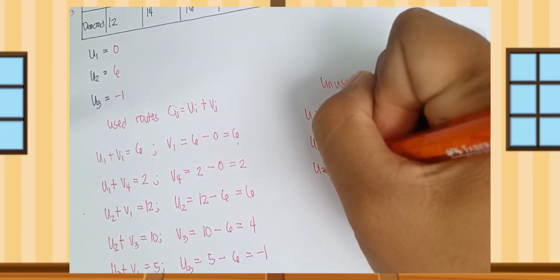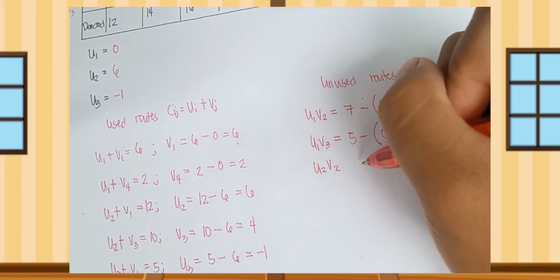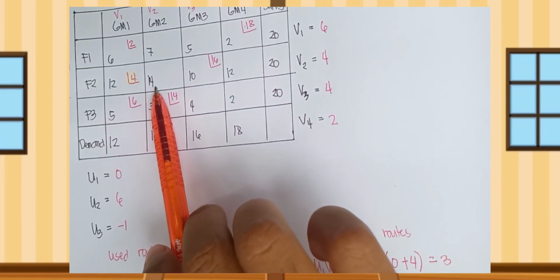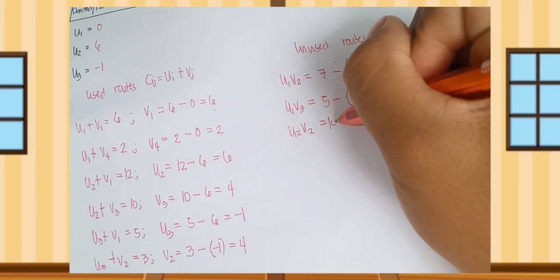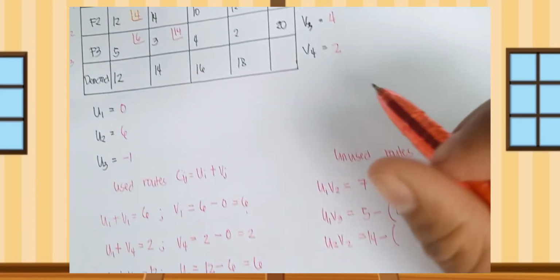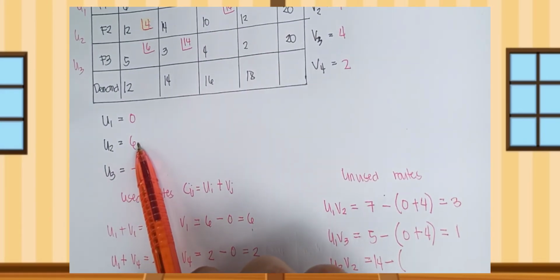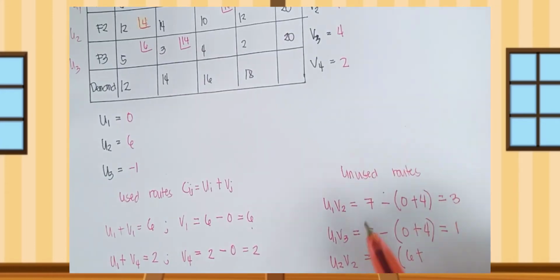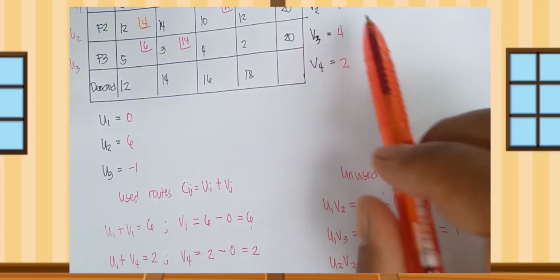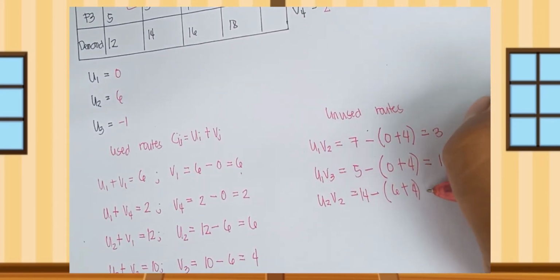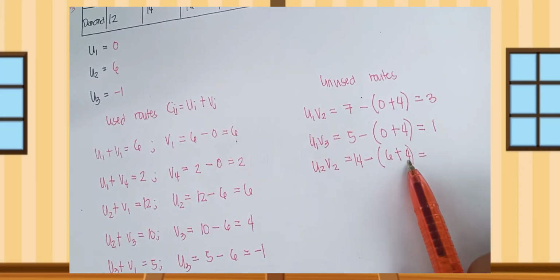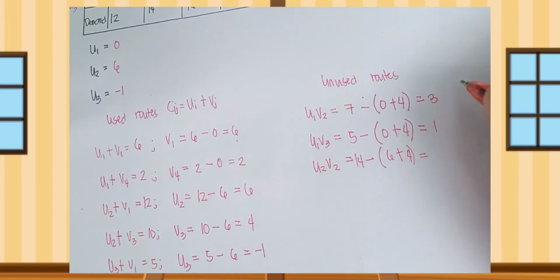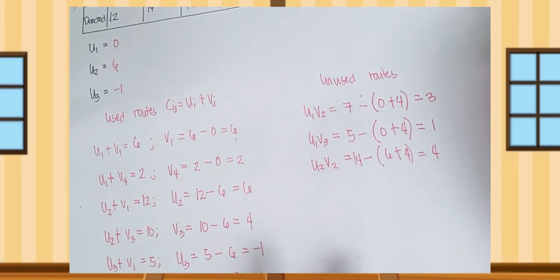So the Cij of 14 minus the value of U2, which is 6, plus the value of V2, which is 4, is equals to 6 plus 4 is equals to 10. So 14 minus 10 is equals to 4.